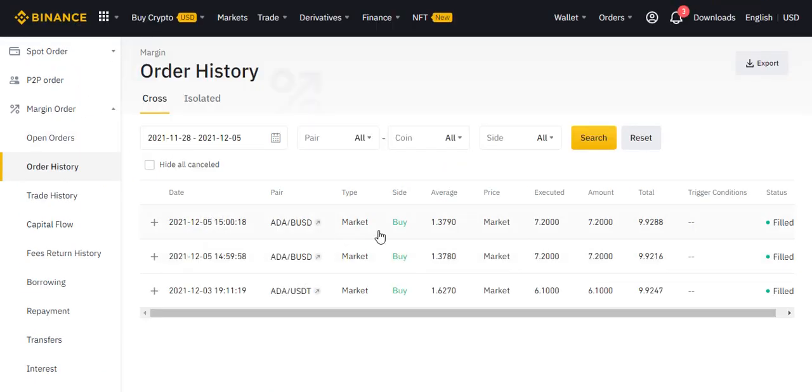Okay, so this is ADA 1.37, 1.37, 1.6. This is on third, while I tried this one also before in my video, and this is ADA versus BUSD 1.37, market executed 7.2 while amount 7.2, total 9.928. Okay, and trigger condition, still there is no trigger condition.